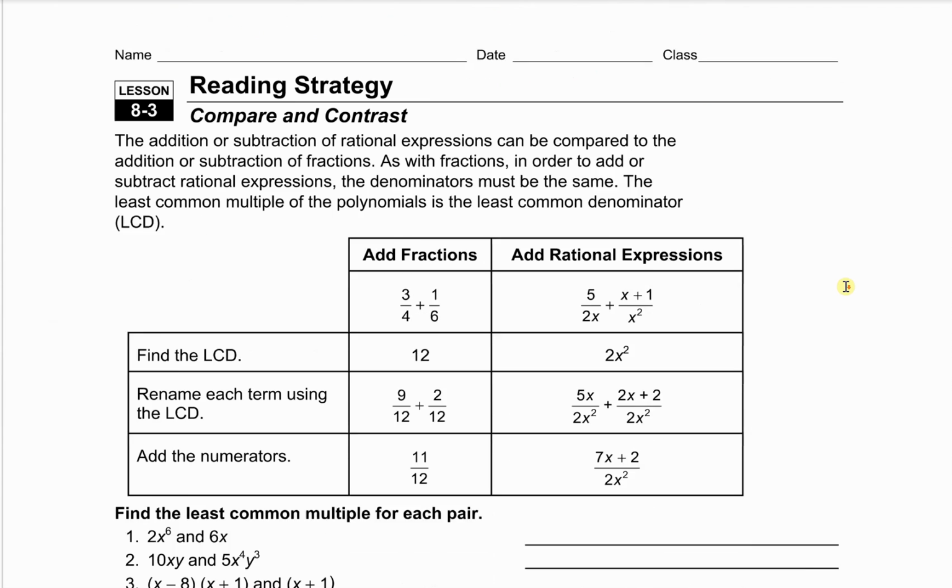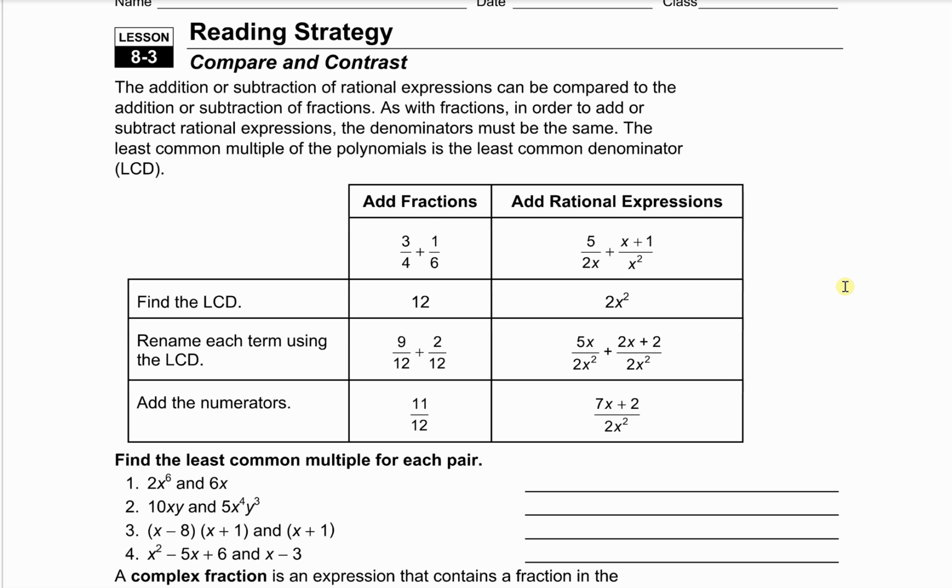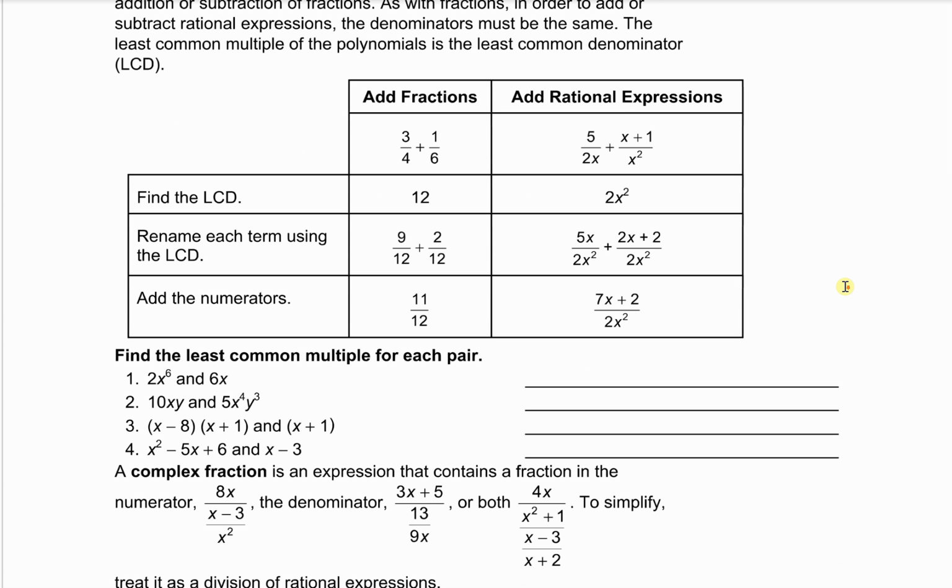Now, if you look on the third page of the notes, I just gave you some more stuff there to work with to find least common denominator, some examples. Right here is another fraction example. Right here is an example using monomial terms, so we got 2x and x squared.